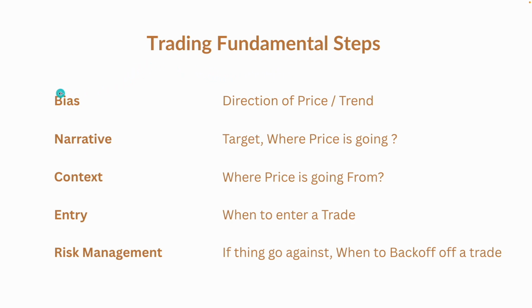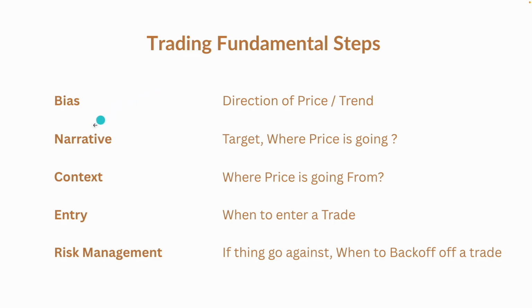So all the concepts that we understood about the premium arrays, discount arrays, fair value gaps, fair value areas, order blocks, these are the steps that are most important. The first step is bias. What does it tell us? The direction of price, whether it is bullish or bearish.